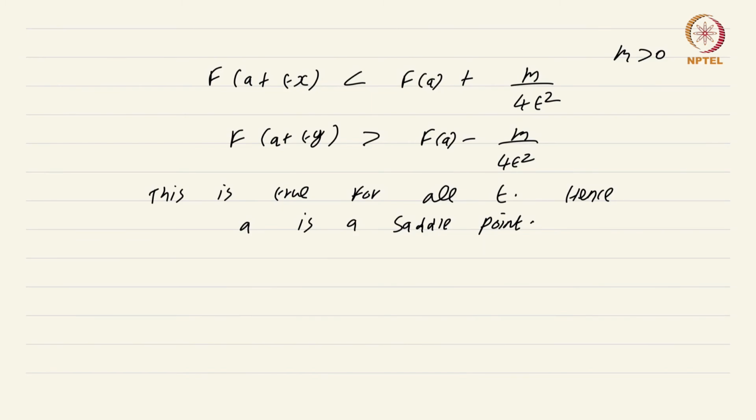Now you might be wondering what happens if instead of positive definite I have positive semi-definite. That means Q of x could be 0 at points other than 0, but Q of x is always greater than or equal to 0. What happens in that situation? What happens if it's negative semi-definite? Q of x is less than or equal to 0, but at some point it is in fact 0 and x is not 0.